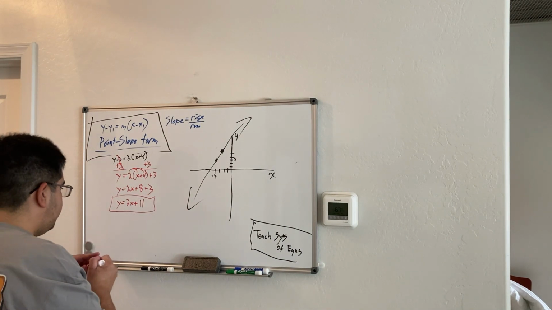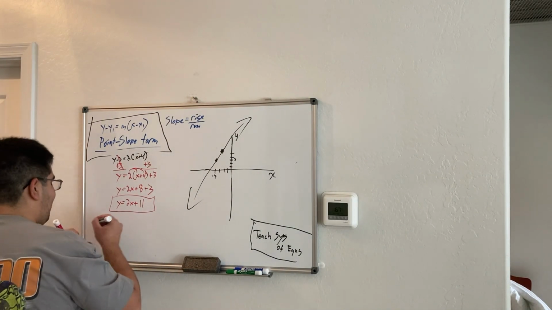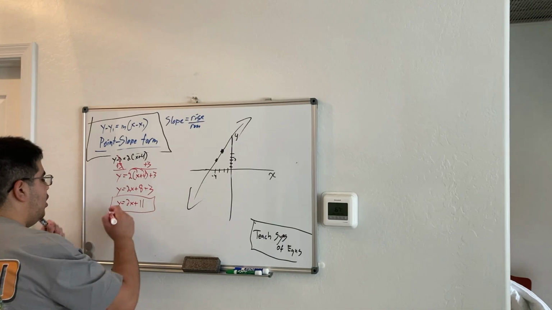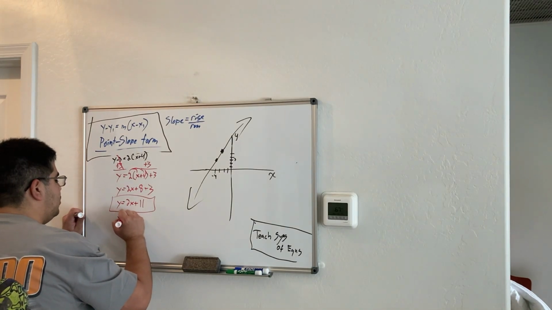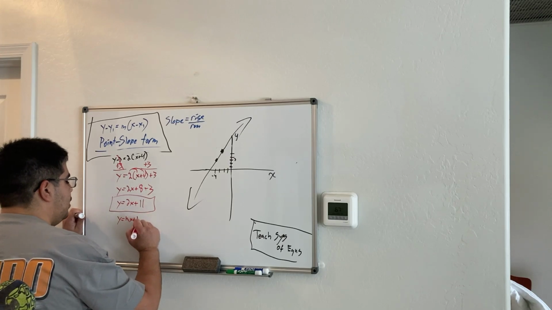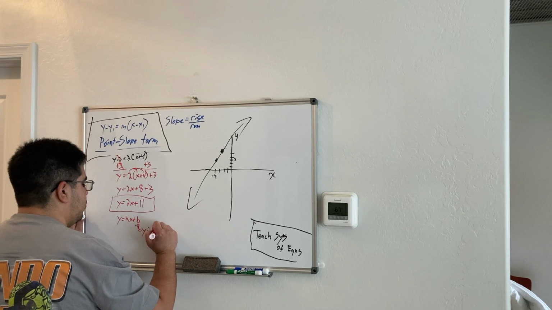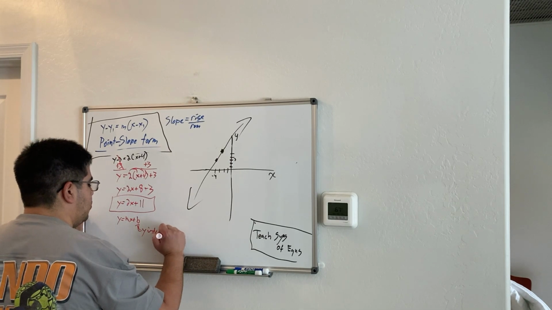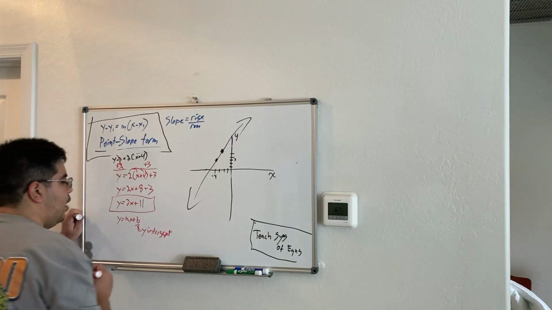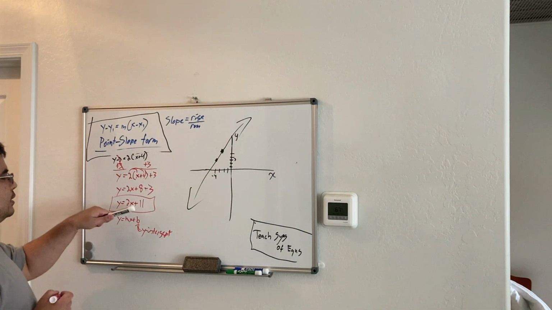So now we know what the y-intercept is. Remember, we know what the y-intercept is because y equals mx plus b. b is the y-intercept. So b in this case is positive 11.